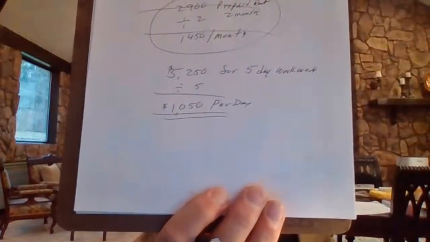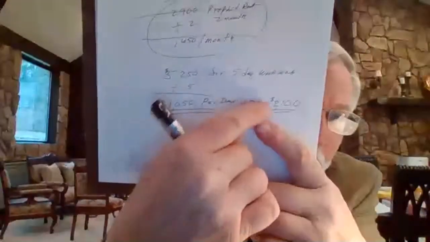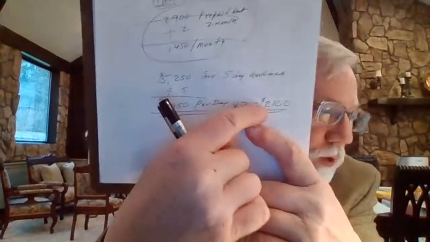That works out to $1,050 a day. And they have Monday and Tuesday before the end of the year. So multiply that by 2 days for Monday and Tuesday, and it would be $2,100. 2 days, Monday and Tuesday, times the $1,050 per day, $2,100 total.